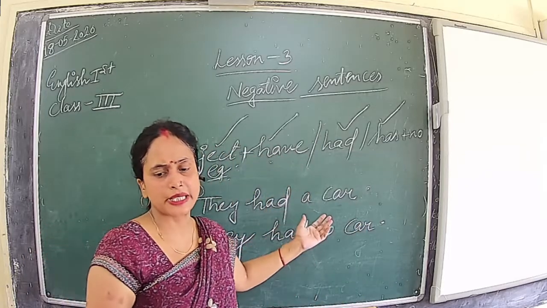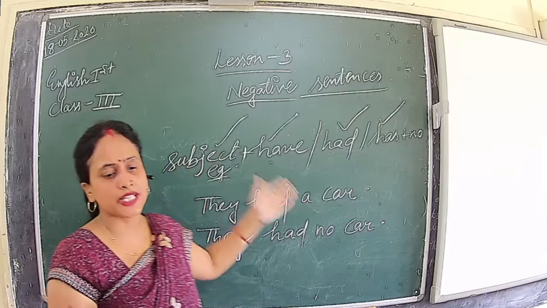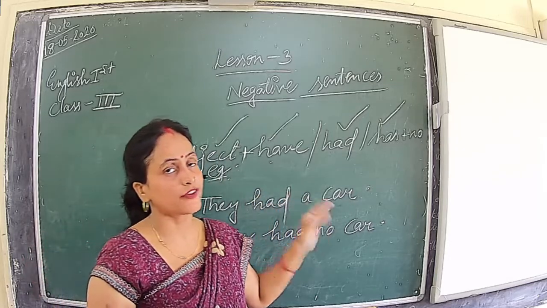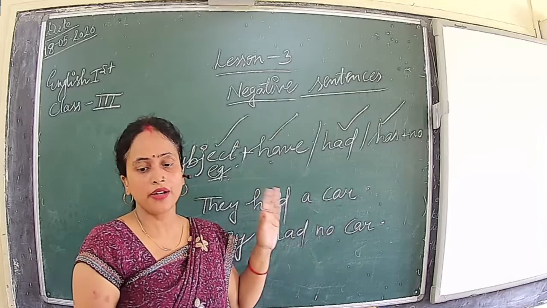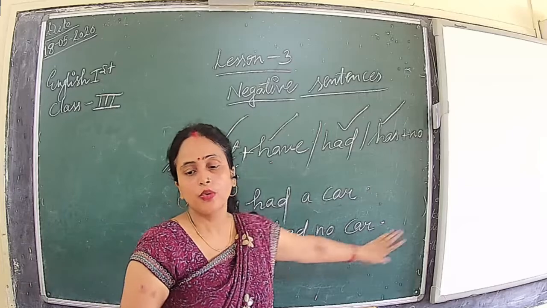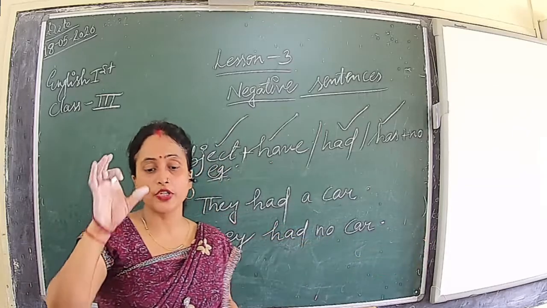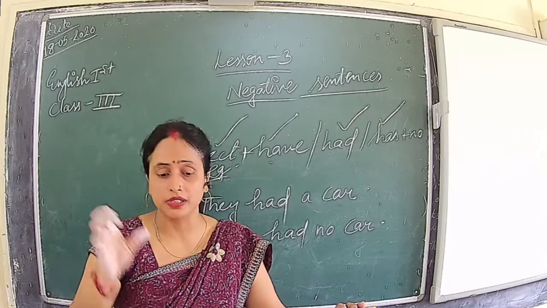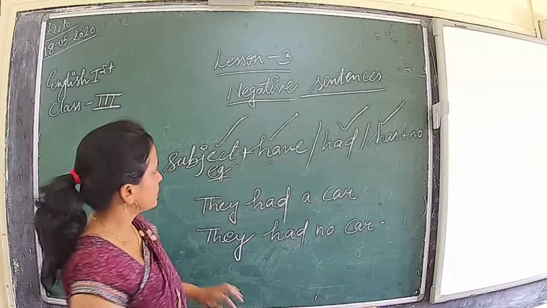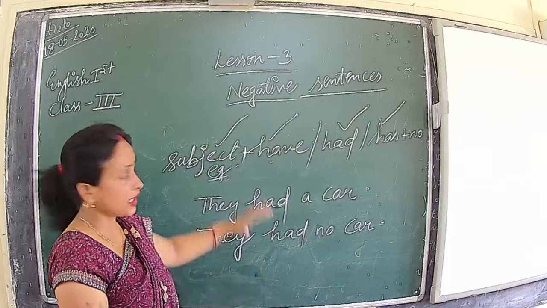So this type of sentence which shows possession, we are only using no after has, had or have. Understood? They had no car. No is always showing refusal, negligence. I think it is completed, understood by you.